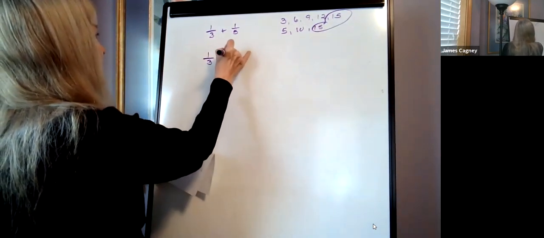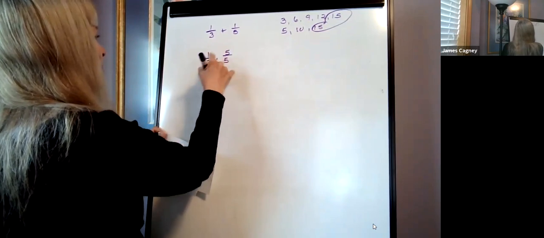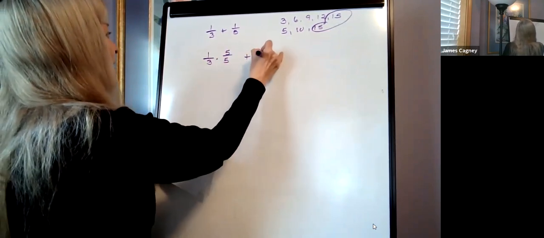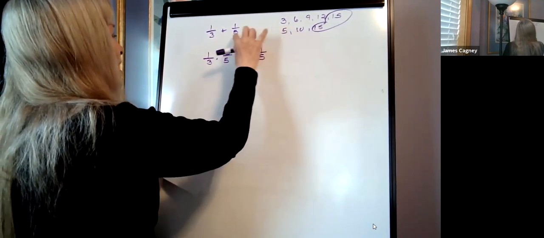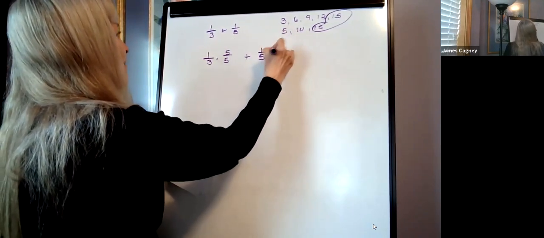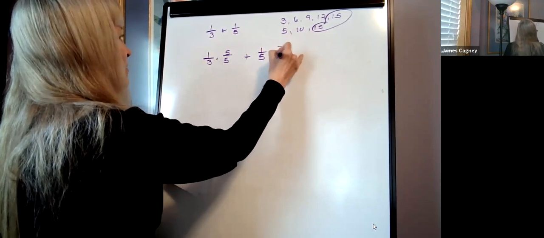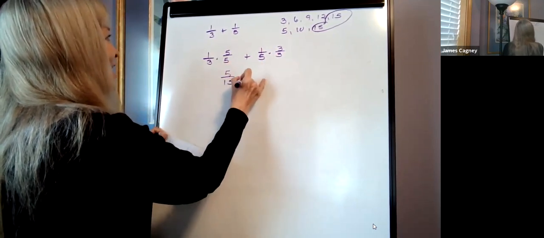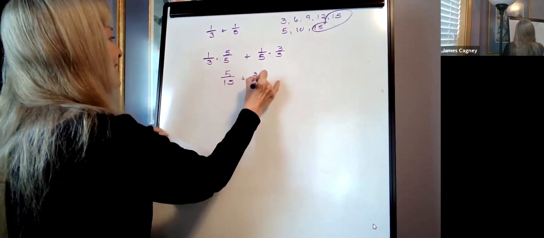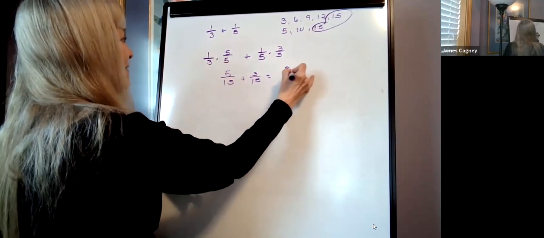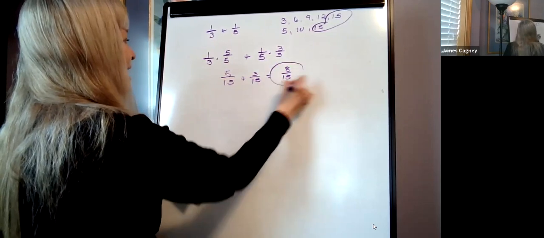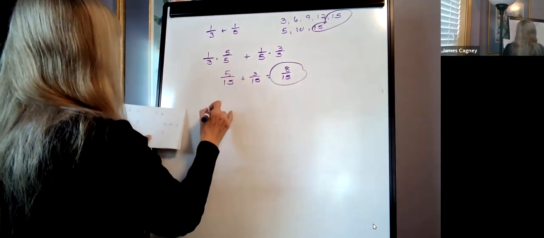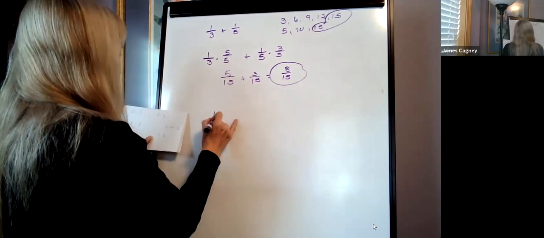I need to multiply 1/3 by 5. 3 times 5 is 15. And then I need to multiply 5 by 3 in order to get 15. So this is going to be 5/15 plus 3/15, which is going to be 8/15. So my answer to that one was 8/15.